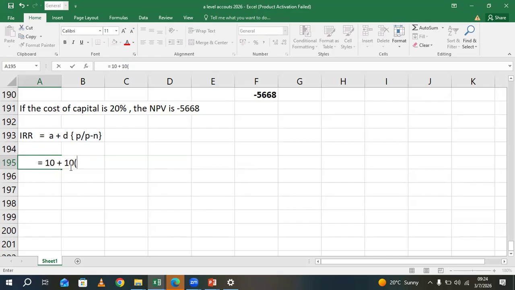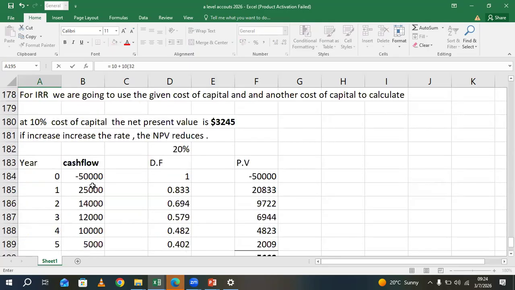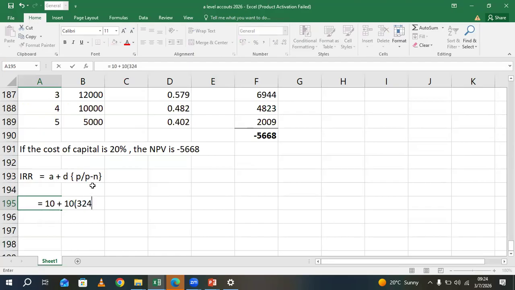Then the positive NPV was 32.45 over the positive minus the negative. The positive NPV, 32.45, pay attention here, is the positive minus negative.